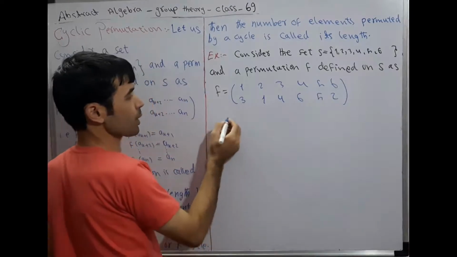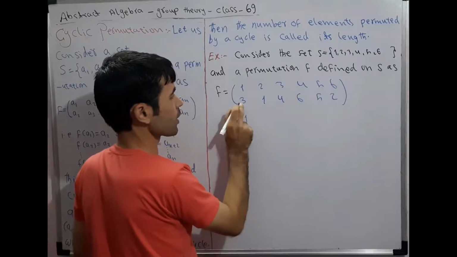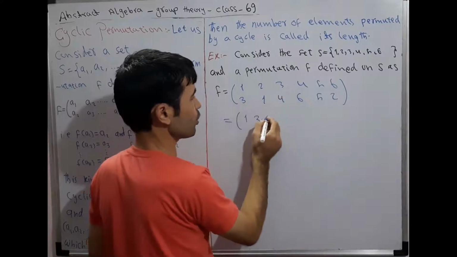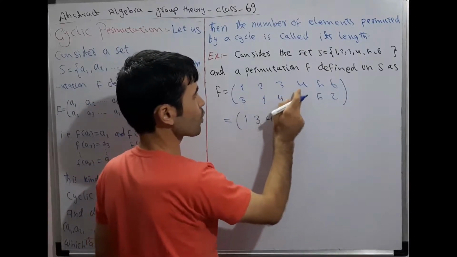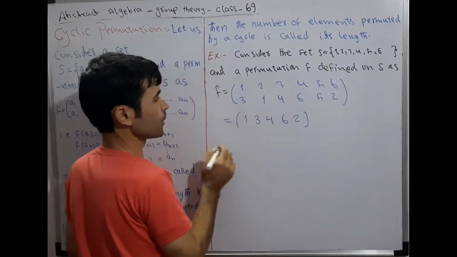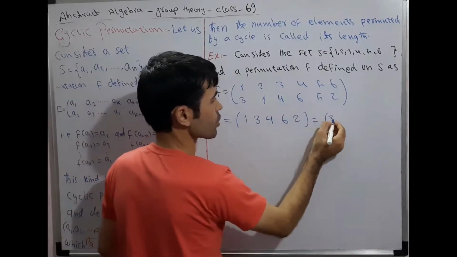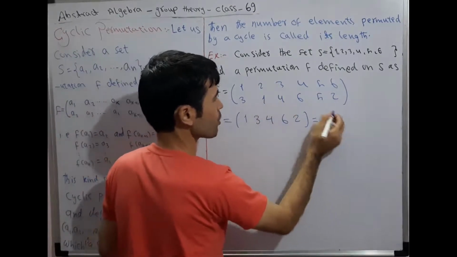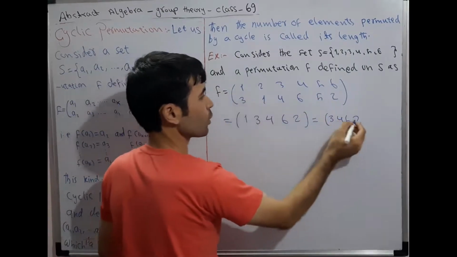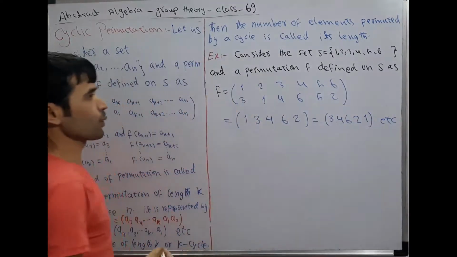Now we want to write this permutation like this: 1, image of 1 is 3, image of 3 is 4, image of 4 is 6, image of 6 is 2. Or we can write it starting from 3: image of 3 is 4, image of 4 is 6, image of 6 is 2, image of 2 is 1, etc. We can write it in different ways.